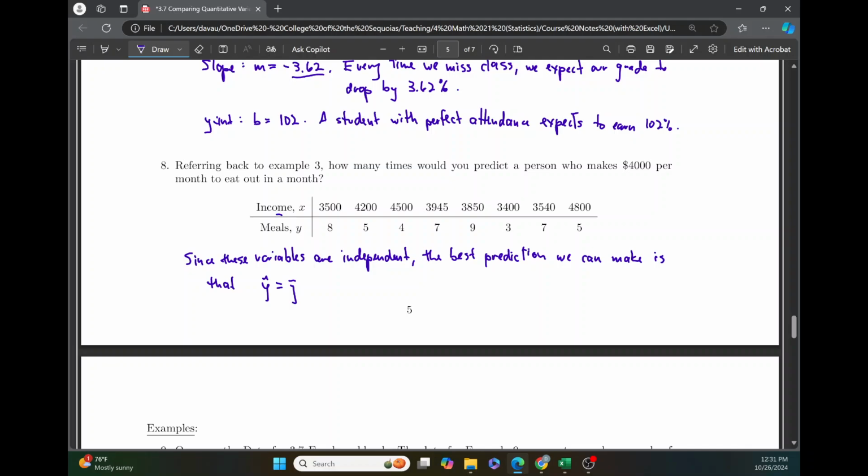The sample mean for the number of times people eat out each month, which we saw was 6. So a person who makes $4,000 per month, we would expect them to eat out 6 times a month. If a person made $8,000 per month, we would expect them to eat out 6 times a month, right? Because it appears to be the case that your income level doesn't affect how many times you eat out in a month, okay?